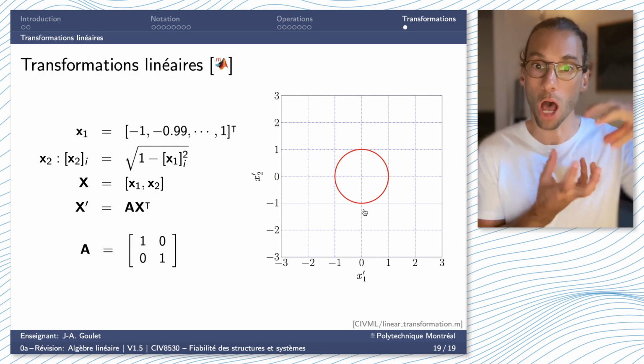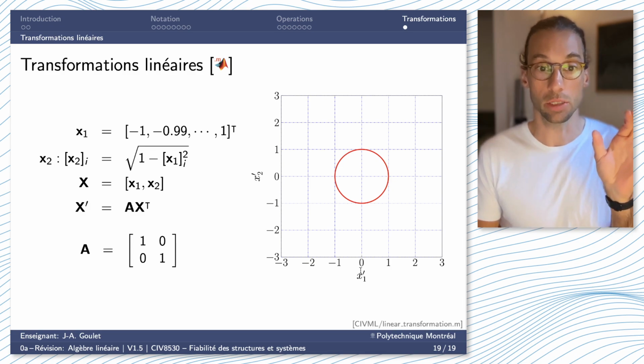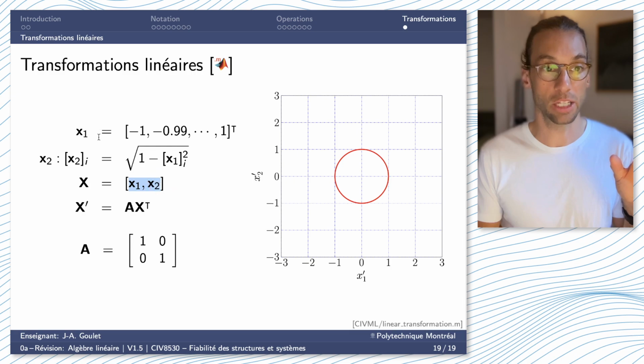Now I want to operate on each point I drew here, which has two coordinates: x1 and the corresponding x2 given by my formula of the circle. So I define the space over which I plot x1 and x2 in a matrix containing all the components of x1 and x2. Then I want to see what happens if I have a matrix A and deform the space by doing A times x transpose.